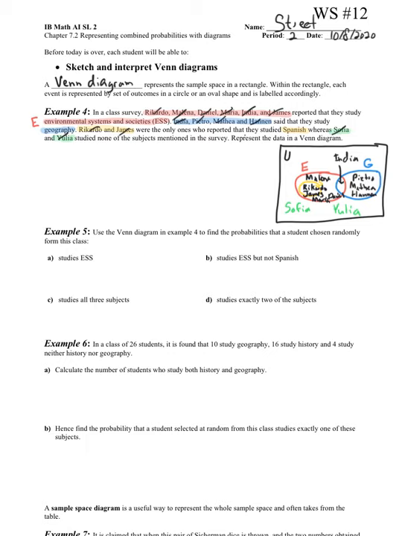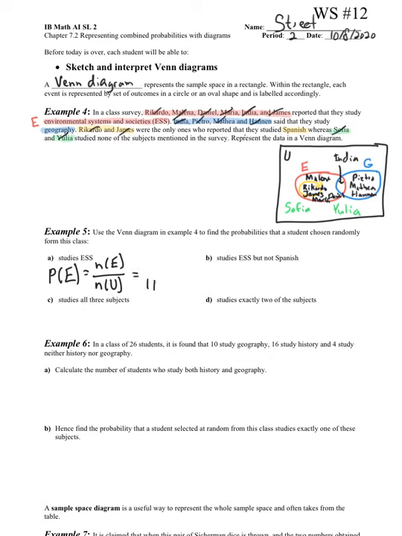And when we're talking about the probability that someone studies ESS, the way we think about this is we'd say, the probability of E, we're using the letter E for ESS, is going to be the number of E over the number of U. And remember, U represents our entire data set. So in this entire data set, there were 1, 2, 3, 4, 5, 6, 7, 8, 9, 10, 11 students.